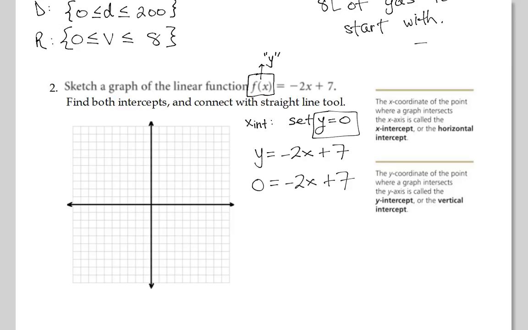How to solve that equation? I have to isolate the variable. So what do I got to do first in this two-step equation? Do I move the 7 or do I move the 2? Which one? Does it matter? It's got to move one of them. You want to move the 7? But then I got to divide by a negative. Why don't I just move the 2x? You want to just do that?